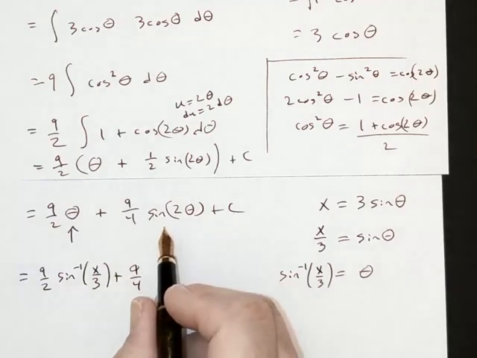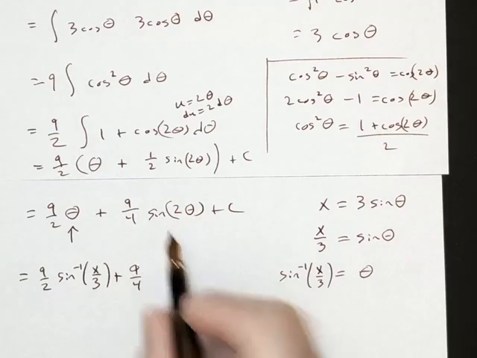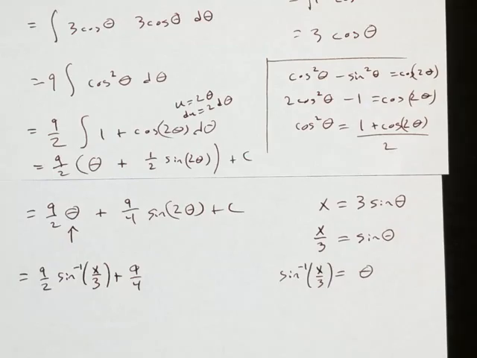What do I do with this? I have written right over there, sine of theta equals x over 3.